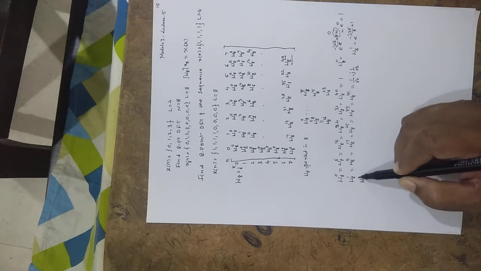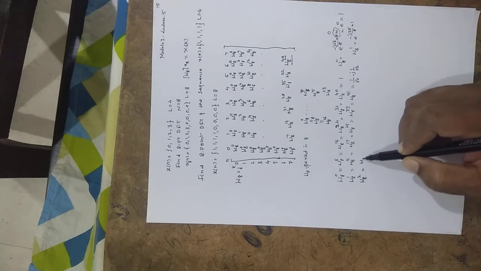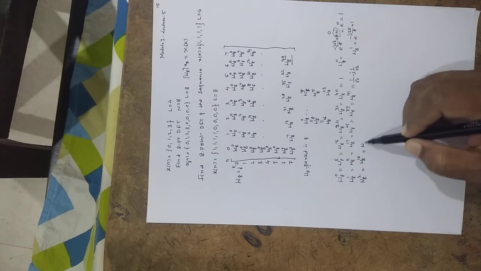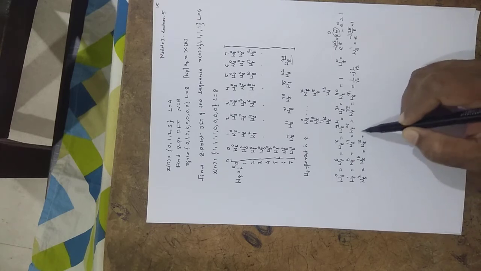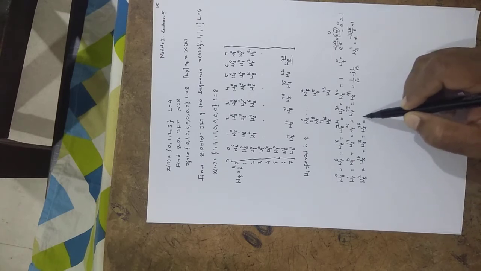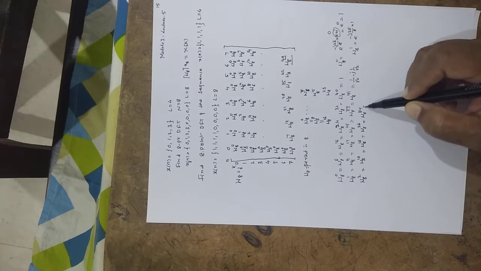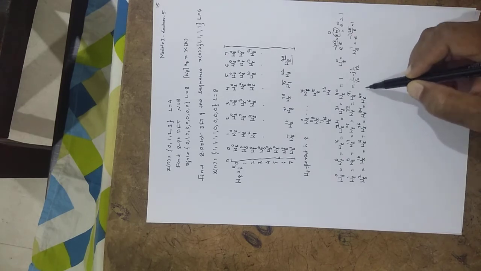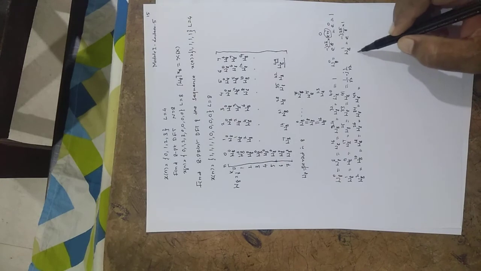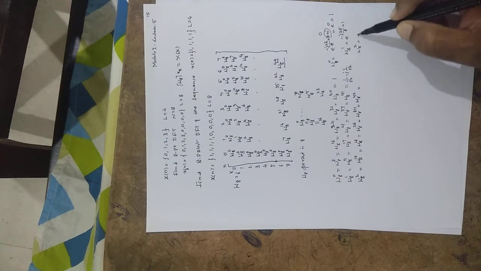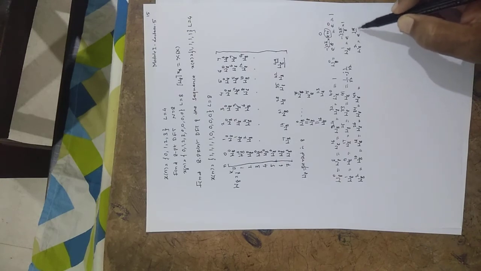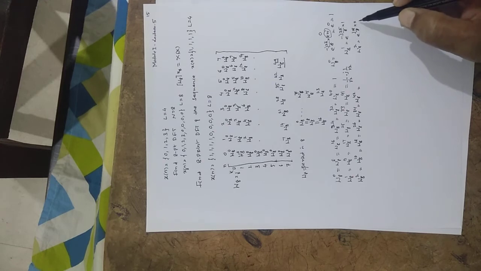Similarly, W8 raised to 2 is given by W8 raised to 10, 18, 26, 34, 42. So this is e to the power of minus j 2 pi by 8 into 2.